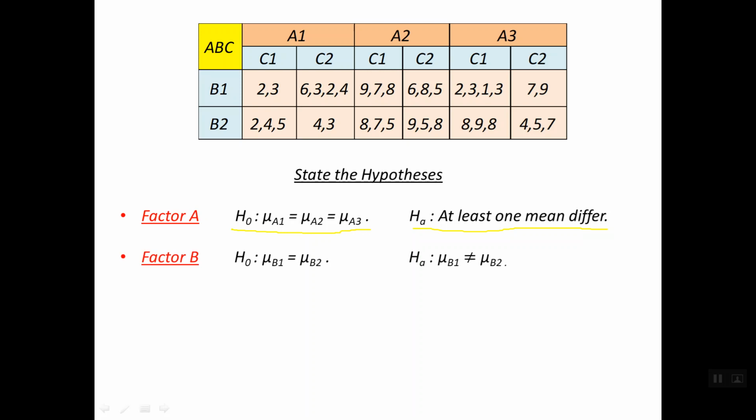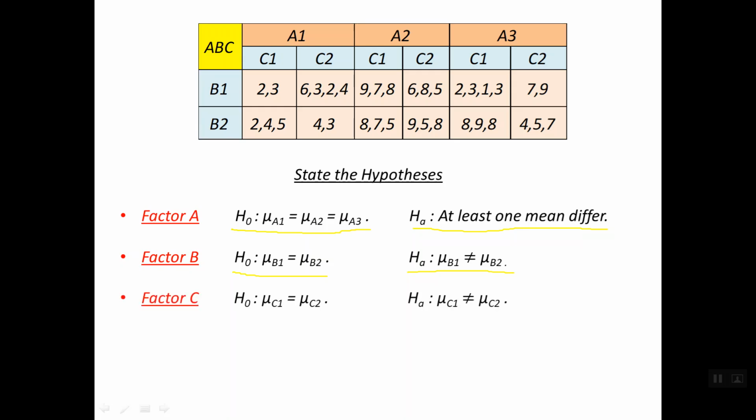For the second factor, factor B, again we have the null hypothesis, which states that the mean for B1 is the same as the mean for B2, while the alternative one states that they are not the same.